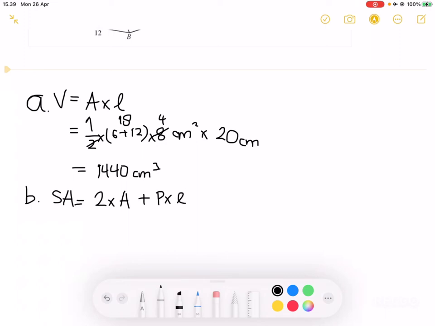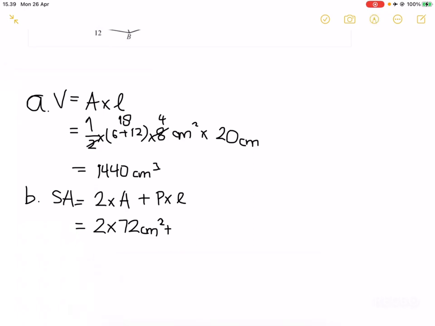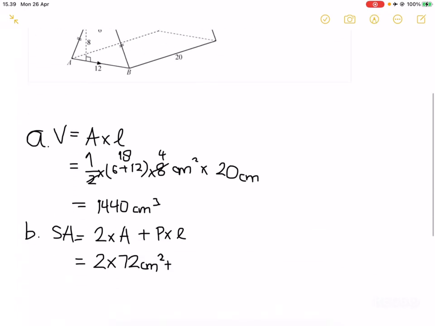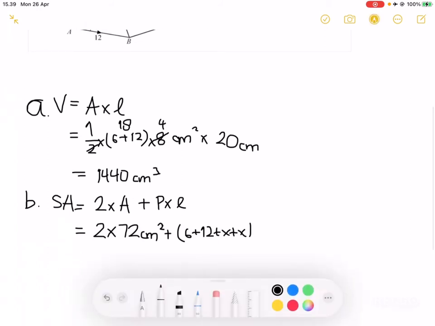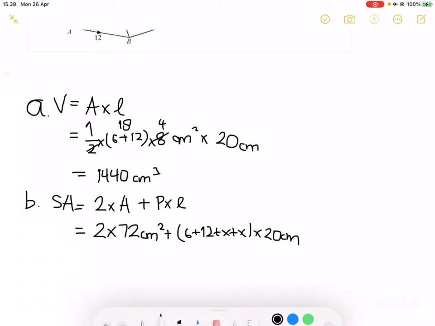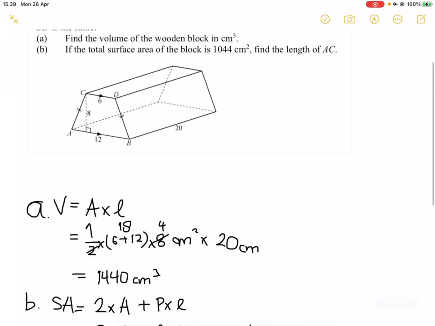The area of the base, as we derived, is 72 centimeters squared, plus the perimeter of the base, which is 6 plus 12 plus x, where x is the length of AC, times 20 centimeters. And remember, this is all equal to 1044 centimeters squared.